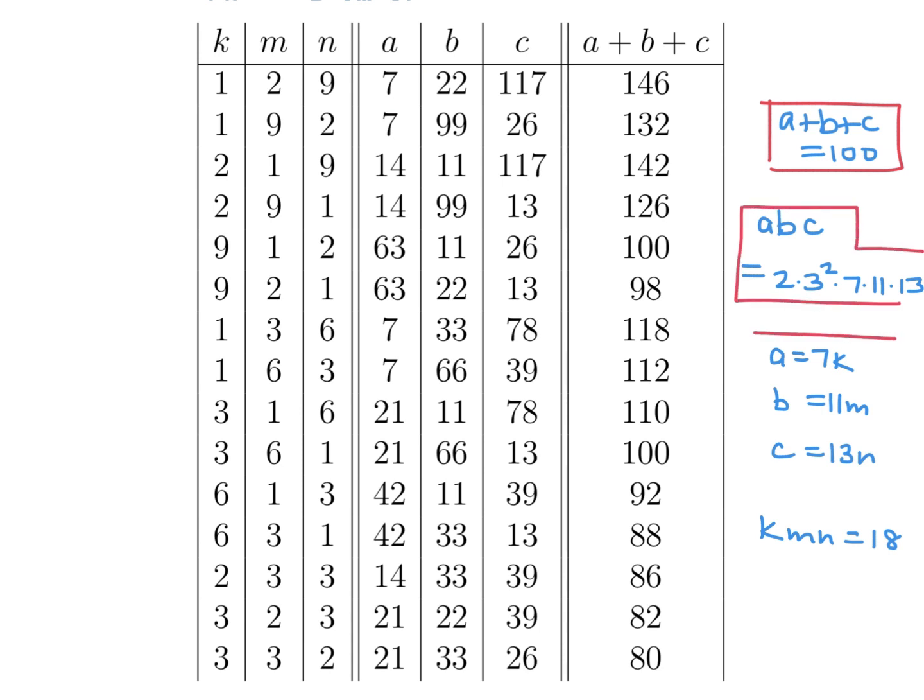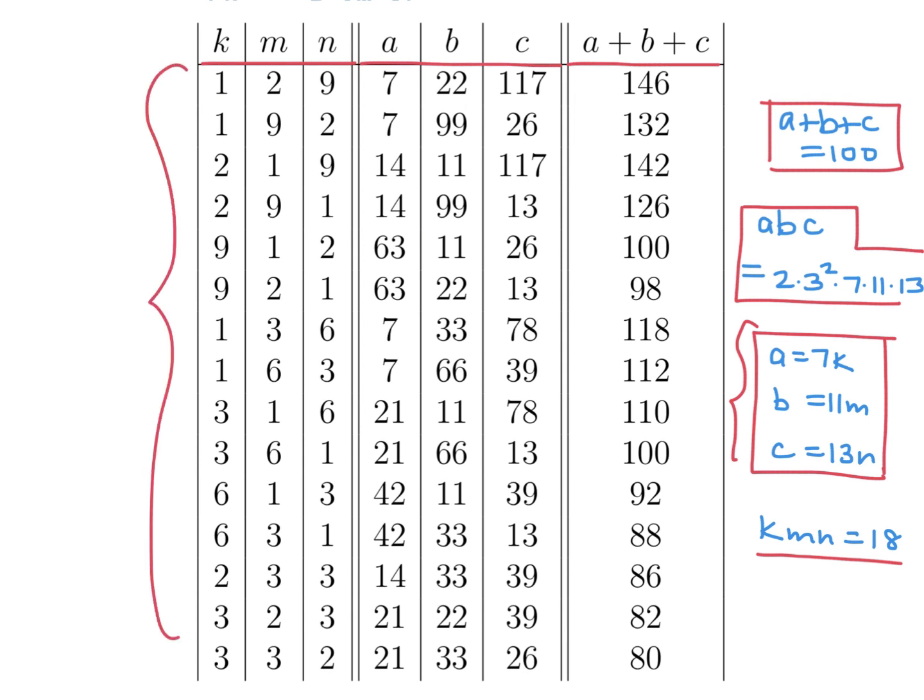And we have let a be a multiple of 7, b be a multiple of 11, and c be a multiple of 13, such that those multiples multiply to 18. So that makes our k, m, n limited. It's still a pretty long list, but then we eventually can plug in to these guys to get our values for a, b, and c, and then we can add up a, b, and c and see if any of them equal 100. So it's still a bit time consuming, but that's the only way we can narrow things down.